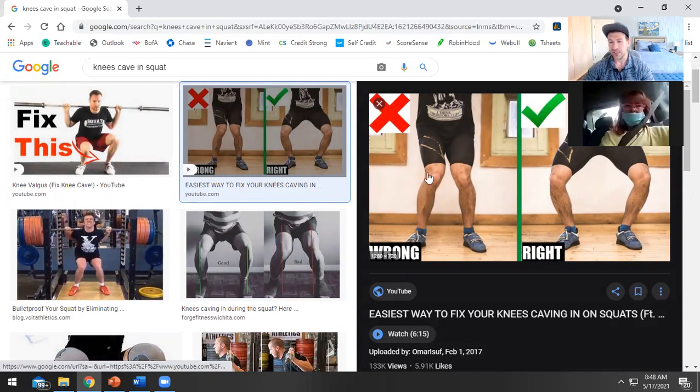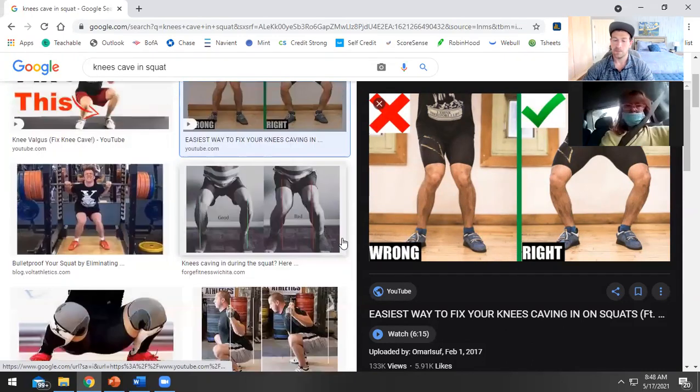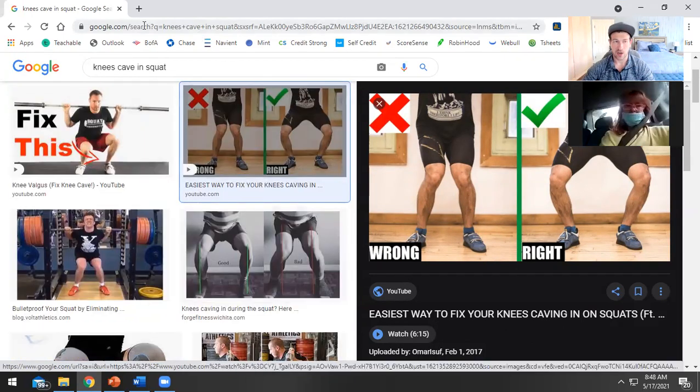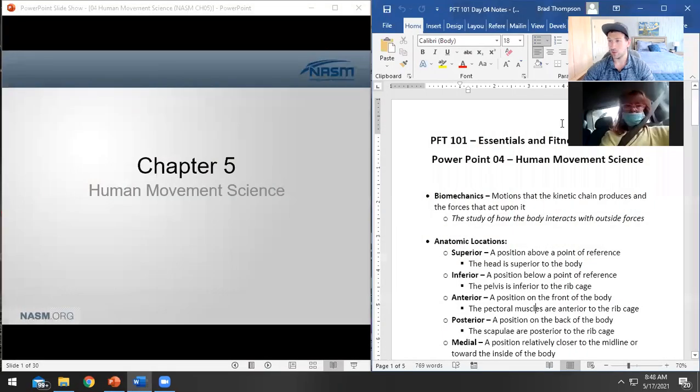It's just slightly outside in comparison. That means the medial hamstring is not doing enough work and the lateral hamstring is doing too much work, and it's causing that knee to cave in. We're seeing that the lateral hamstring muscle is the real problem here. We know that because we know our terminology, we know our muscles, and we can look at that. So that's what we're going to be going over today.